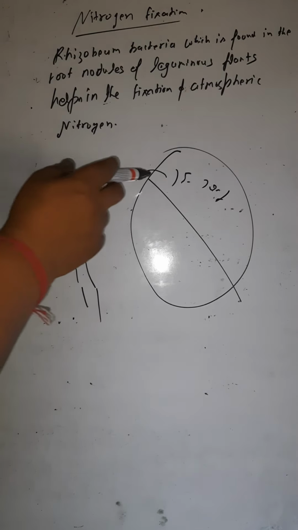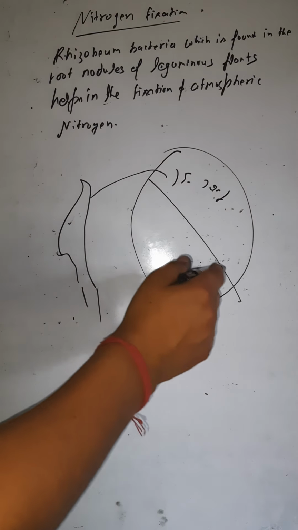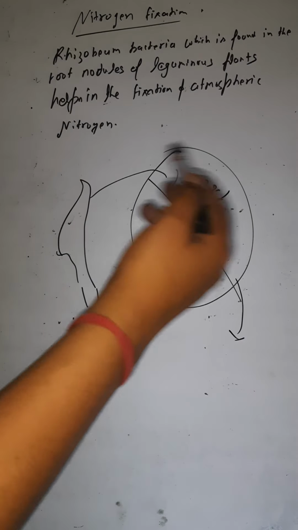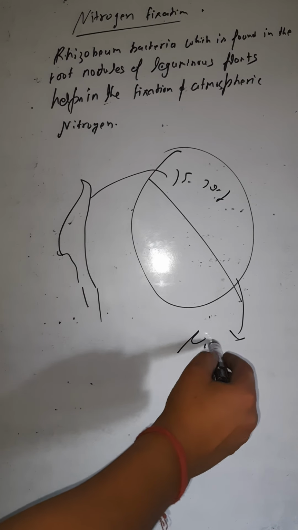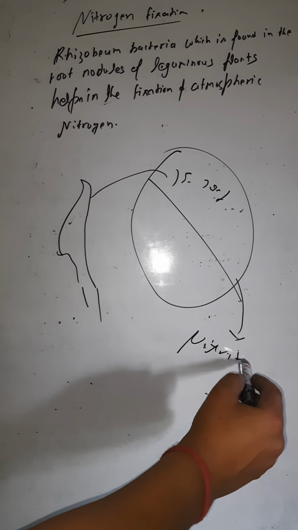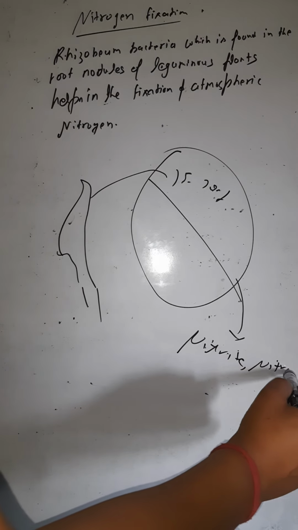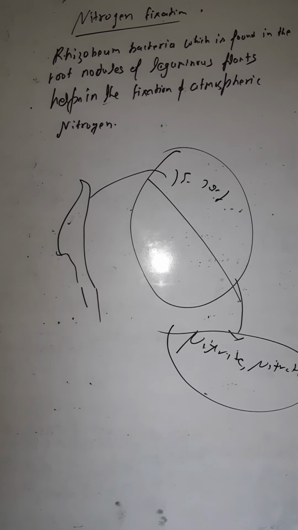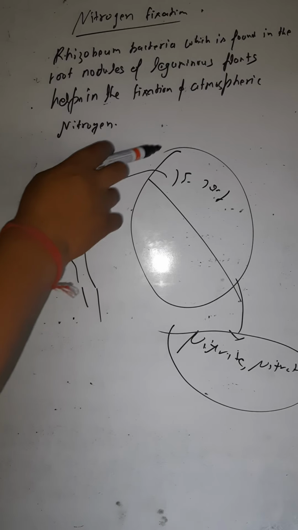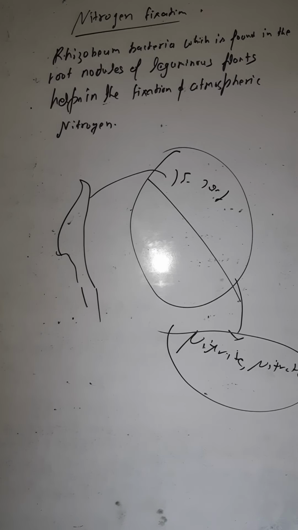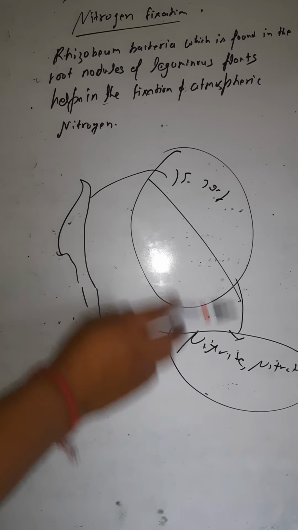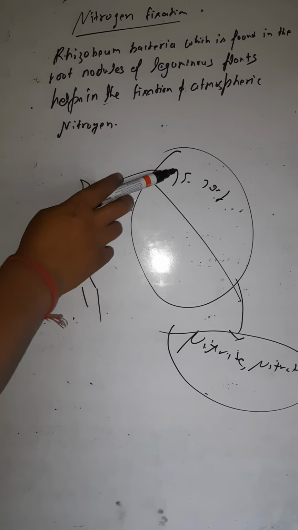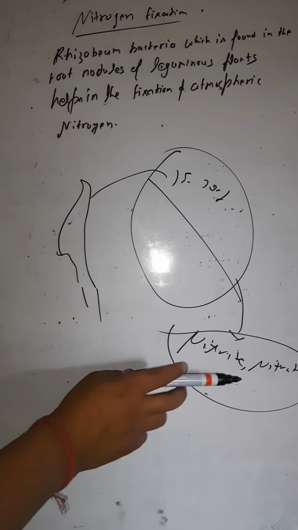Rather, it needs to be converted into nitrogenous compounds, like nitrites and nitrates. How is it converted? This is called the fixation of nitrogen.